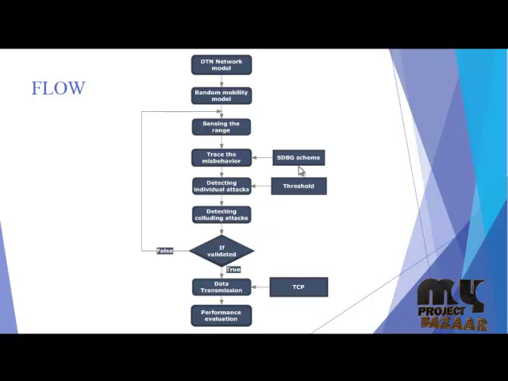Using the SDBG scheme, we also evaluate our performance using packet delivery ratio and false positive ratio. We also compare our false positive rate with the existing system, which uses the MDS technique. Our SDBG system gives a lower false positive rate than the existing system.